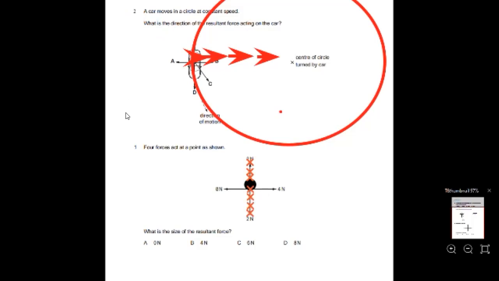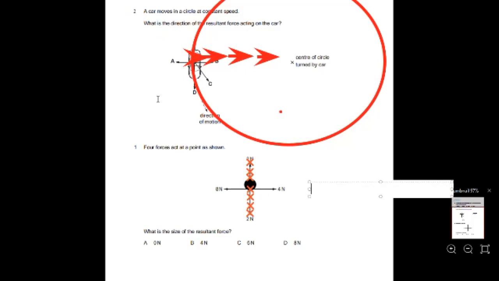Now we have 8 newton along this direction and 4 newton along this direction. So we can just add them.